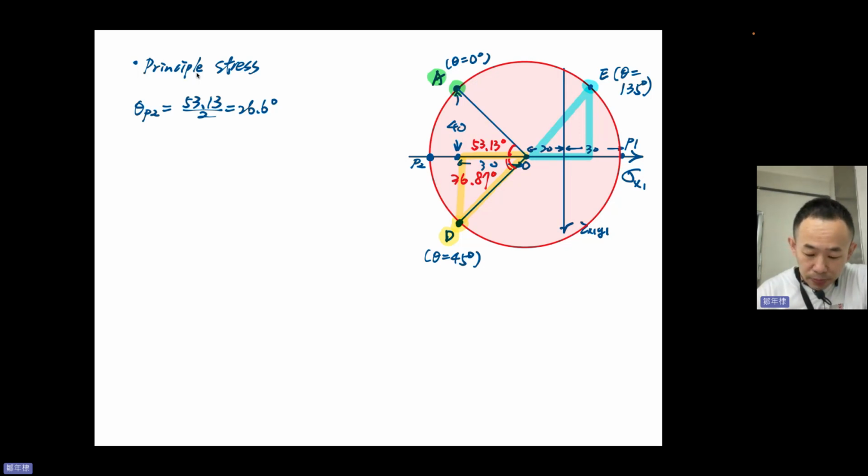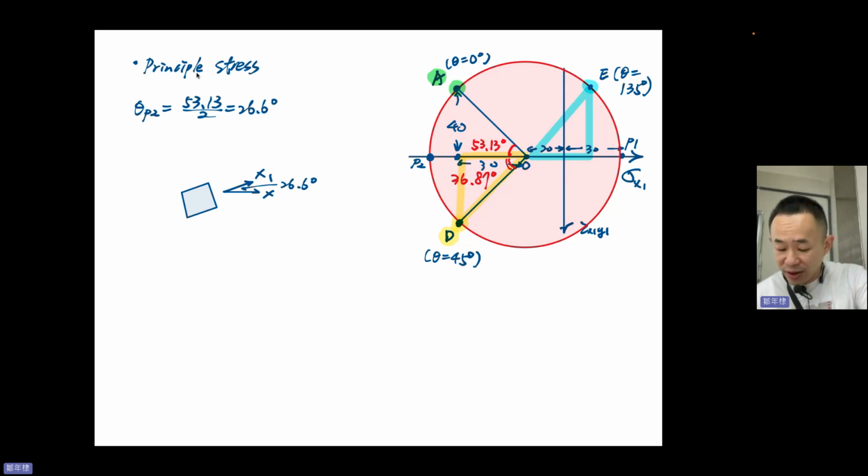So which means that you have a 26.6 degree rotation. Okay, so this is what your stress element looks like. What is the value?